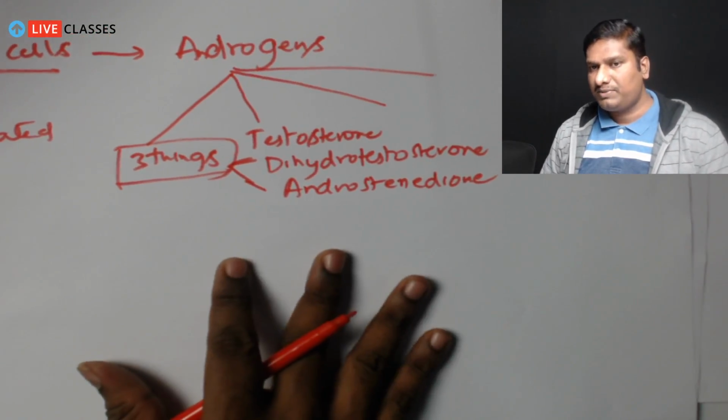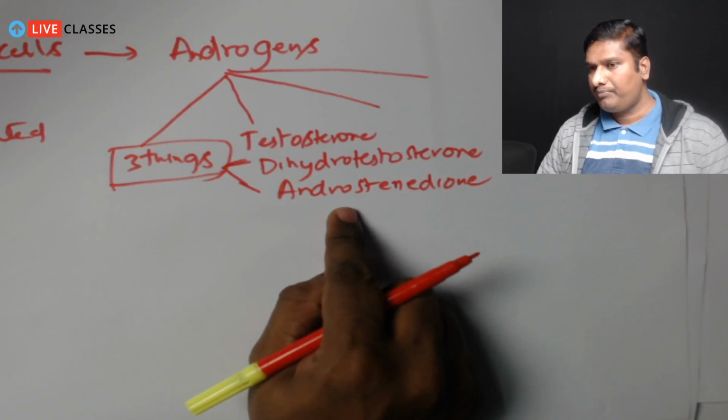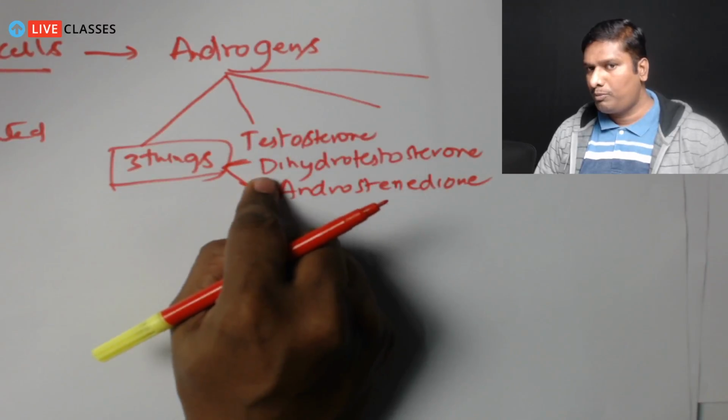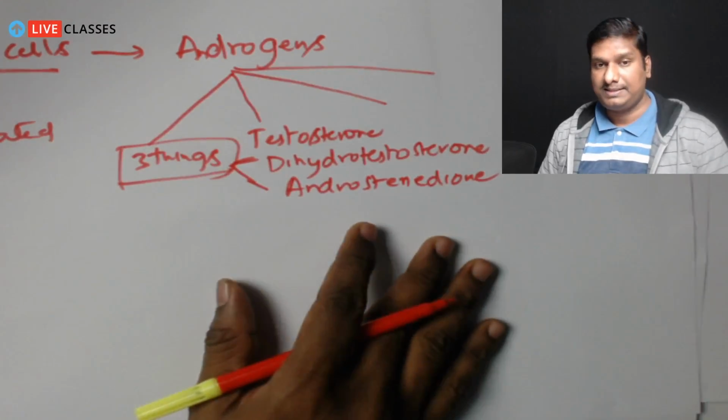These are the three hormones secreted by the Leydig cells of the stromal tissue in the testis.